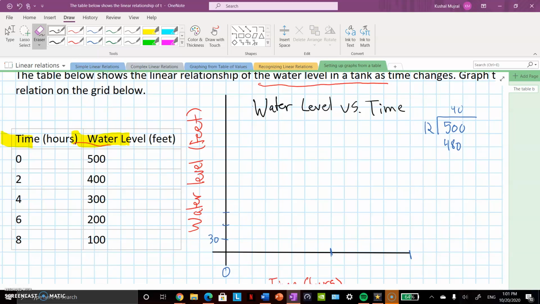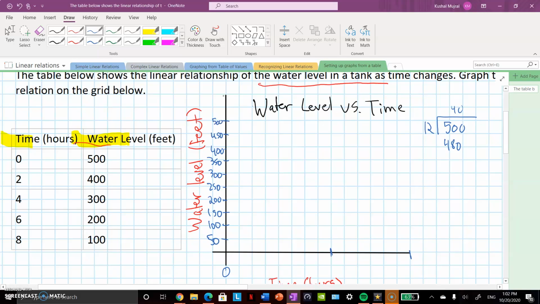I'll show you why. If I go with 50, this becomes 100, 150. Let's draw these lines. 200, 250, 300, 350, 400, 450, 500. Then we can just end here.